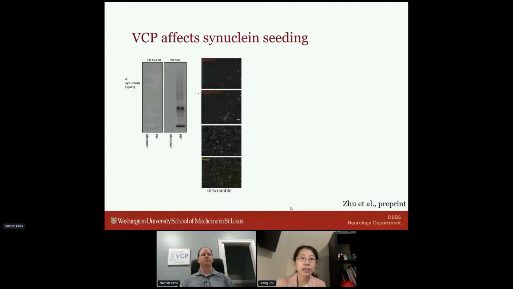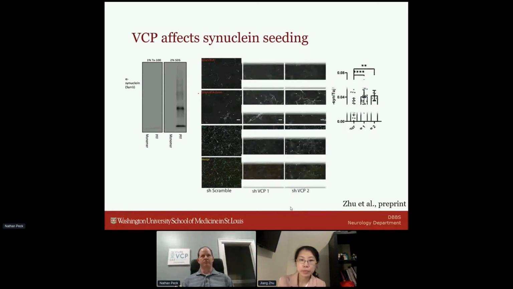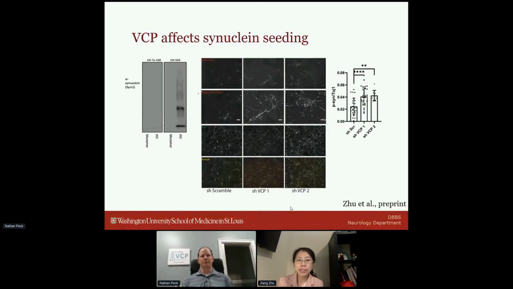It was confirmed by fractionation Western blots that we have accumulation of insoluble alpha-synuclein in the PFF seed-treated groups. In comparison, when we have VCP knockdown, we have an increased level of those phospho-alpha-synuclein aggregates.